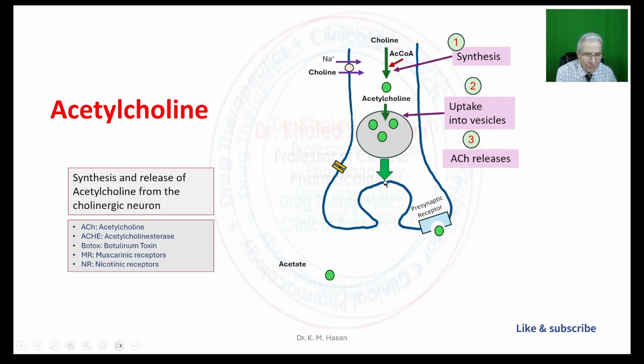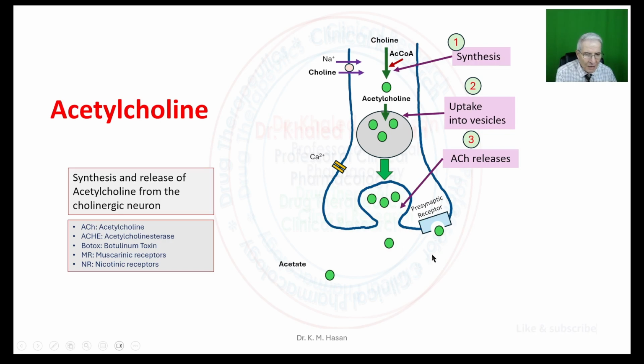Then, due to the accumulation of acetylcholine inside the vesicles and the entry of calcium into the neuron, called depolarization, the action potential allows the vesicles to fuse at the end of the neuron, and this leads to the release of the acetylcholine content into the synaptic cleft.